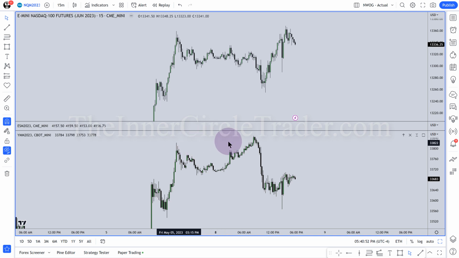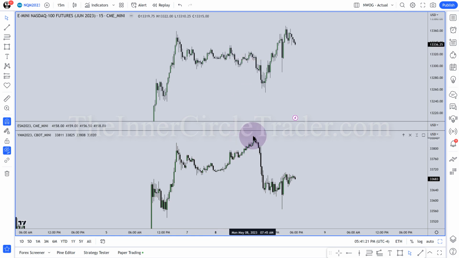Because this high here was taken out by this high on Dow, it would be reasonable to expect in a symmetrical market that the NASDAQ itself would go up there and hit that too. But look closer. What do you see? There's a failure here. So this high is higher than this one, whereas this high is higher.